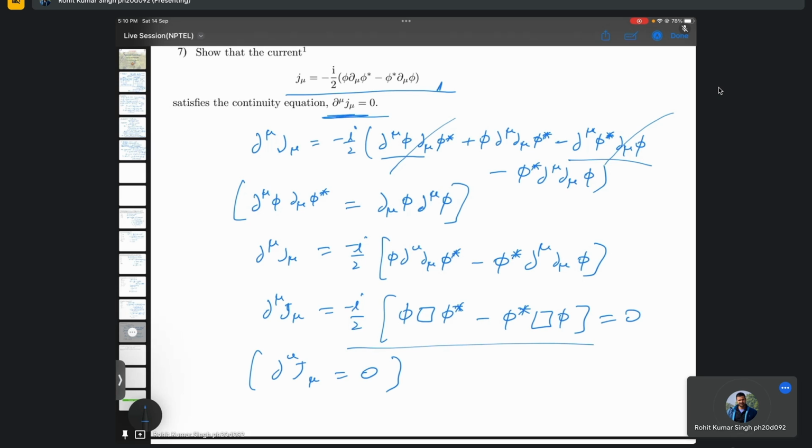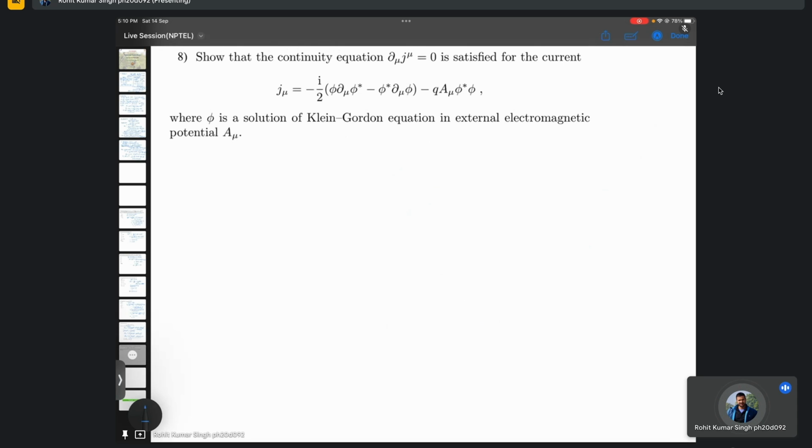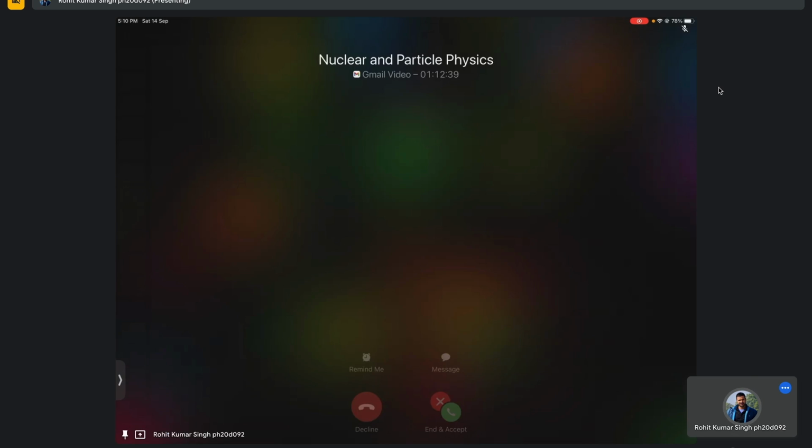Now, as I mentioned, when we were discussing the relativistic case, we assumed the free particle to simplify things. Now here we are introducing a potential, okay, this 4-potential, and then phi is a solution of the Klein-Gordon equation in external electromagnetic potential A mu.